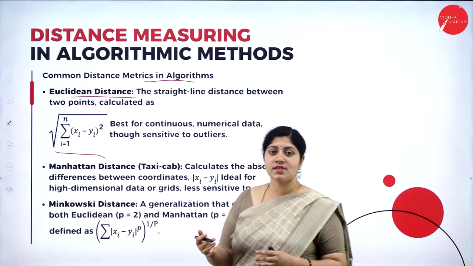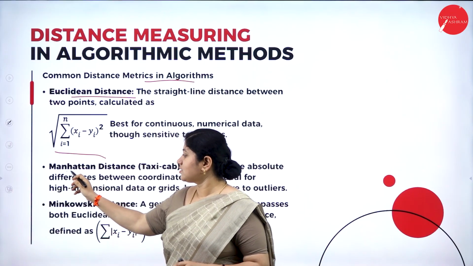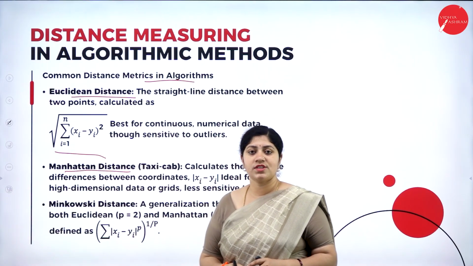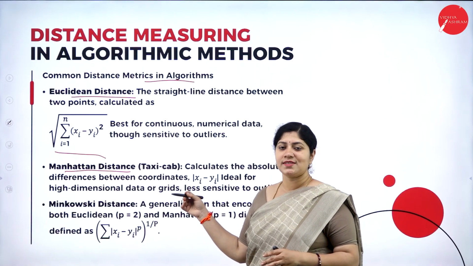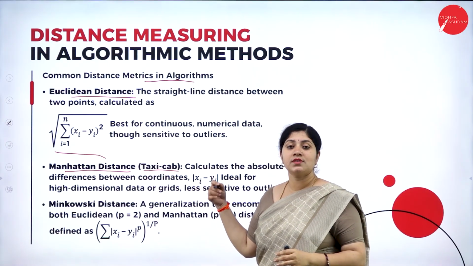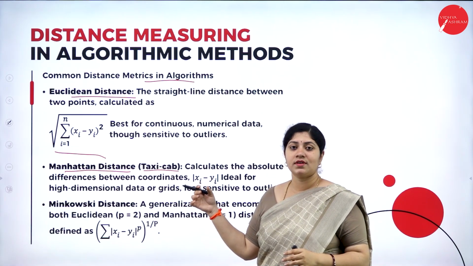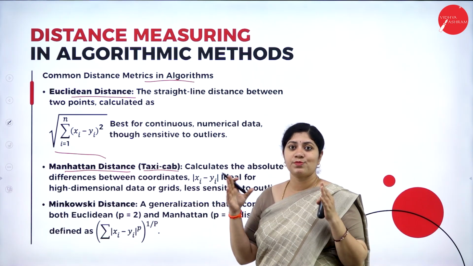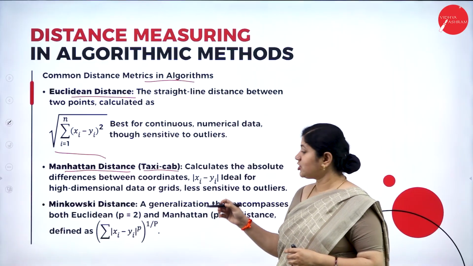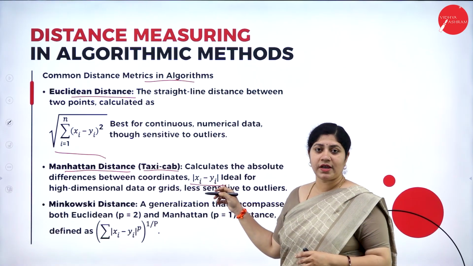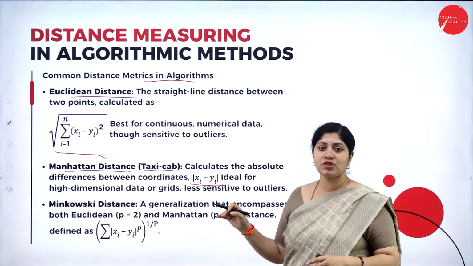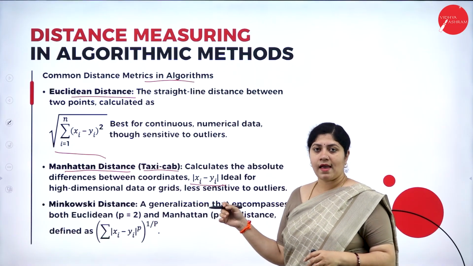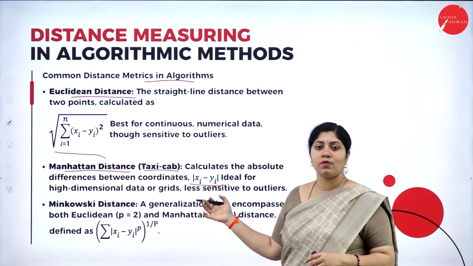The next distance measure that we can consider is Manhattan distance, which is called taxi cab distance in simple words. This is responsible for calculating the exact distance between the coordinates. The representation is the summation of mod of xi minus yi, and it is ideal for high dimensional data or grids, and it is less sensitive to outliers.